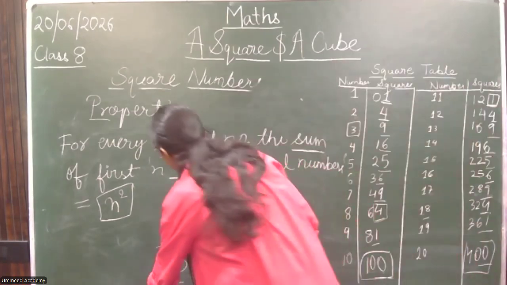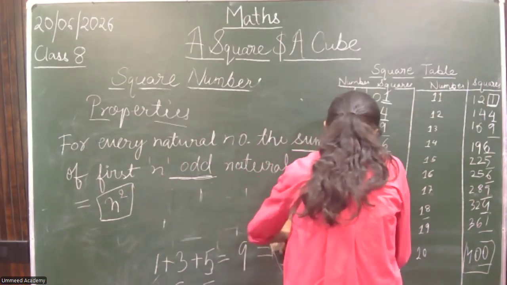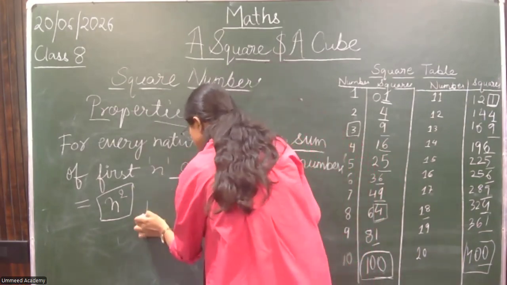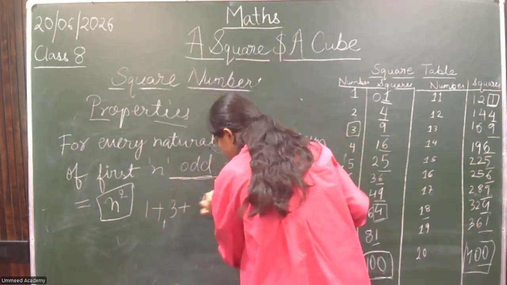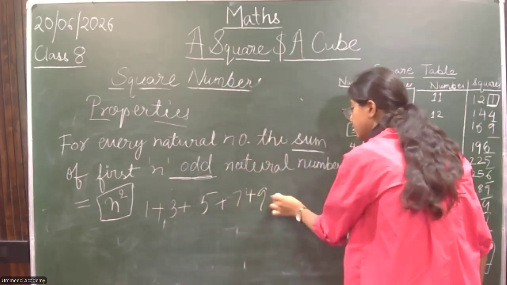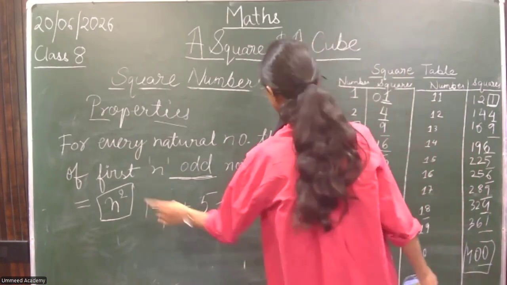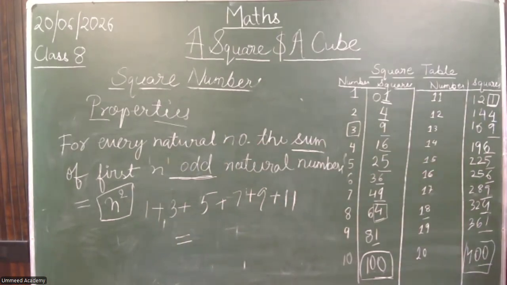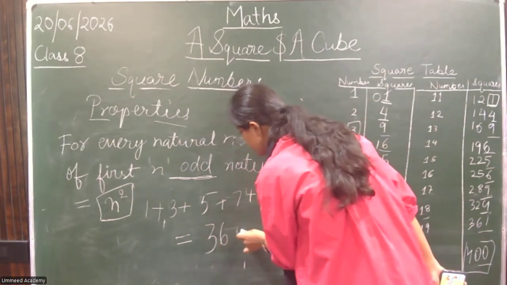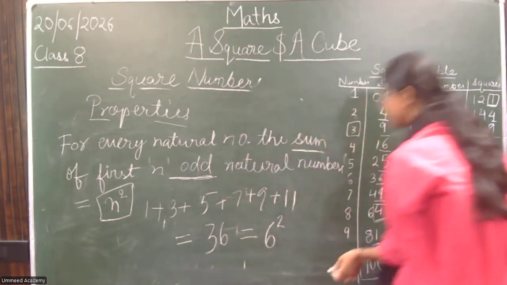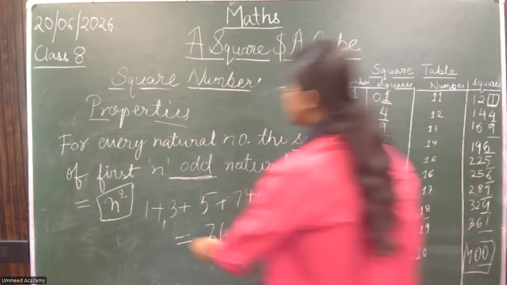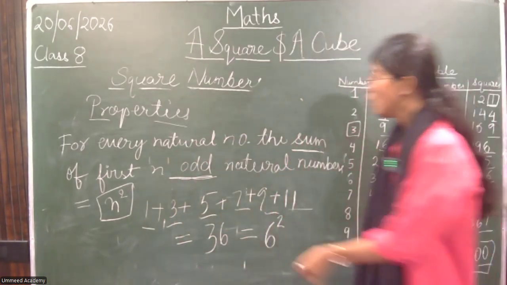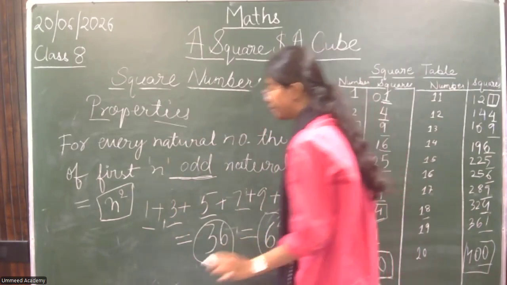Likewise, if we do it for the first 6 odd natural numbers, which are 1, 3, 5, 7, 9, 11, what are we getting as the sum? 36, which is the square of 6. So is that clear, that the more odd natural numbers we add, the square keeps building up? Clear?